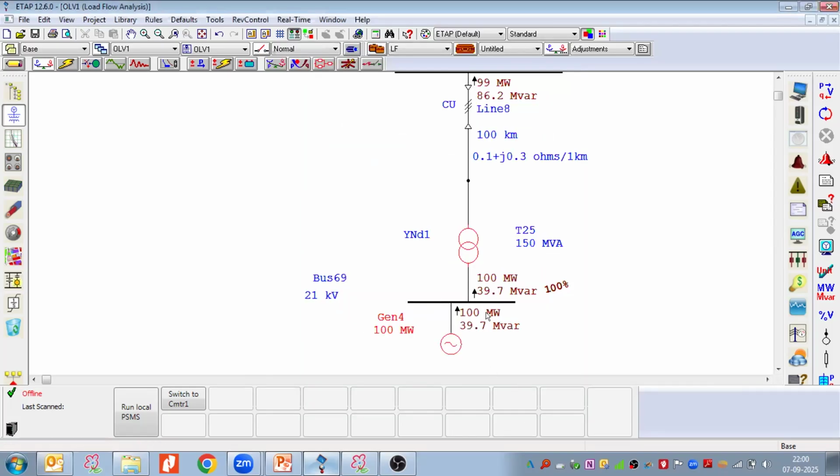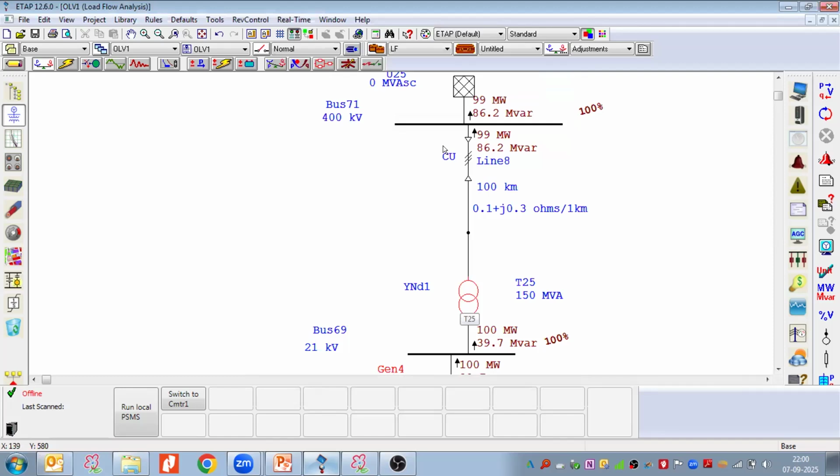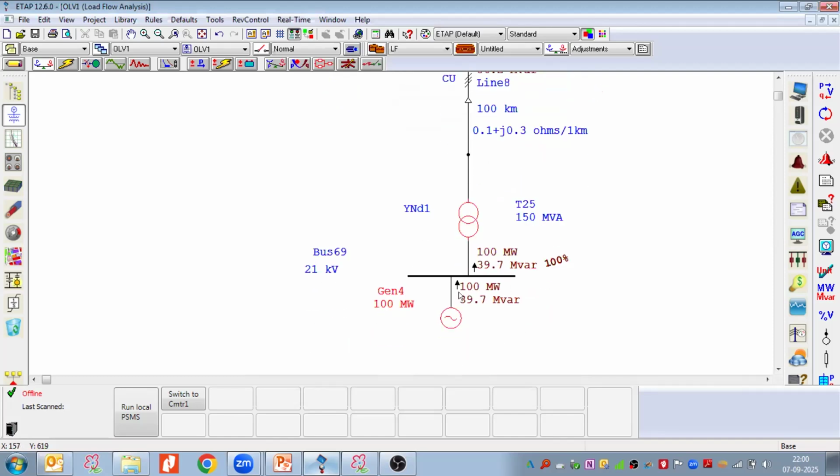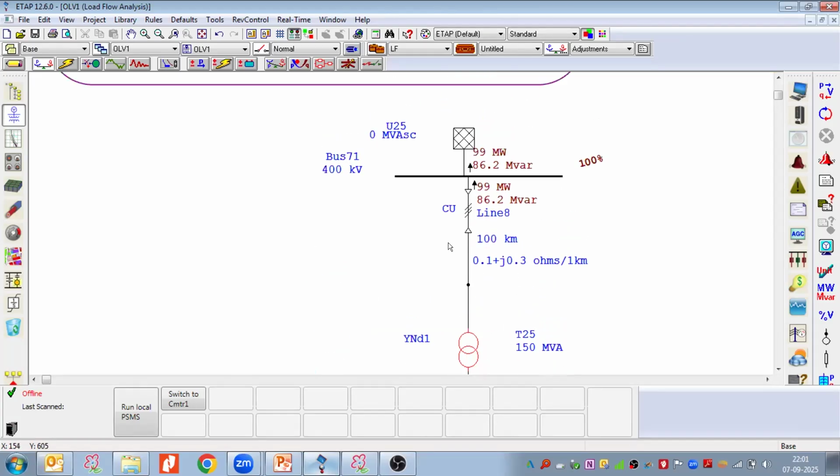Now they are not absorbing reactive power. They are operating at 100 megawatt, 13.77 MVAR, feeding the grid system, and my grid voltage is 100%.